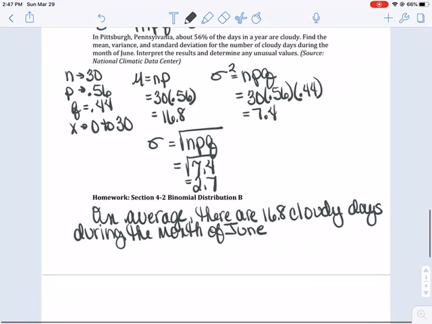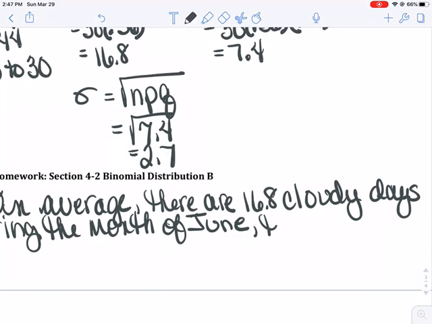And then we'd also include the standard deviation is 2.7 days.